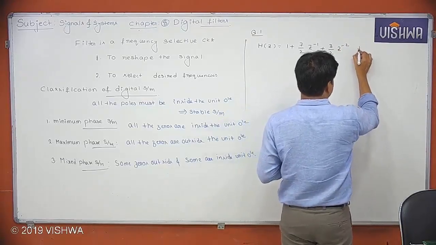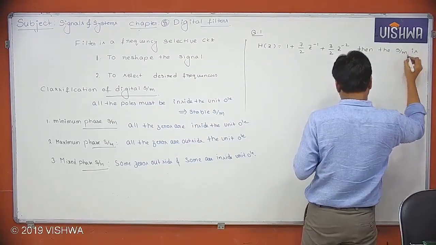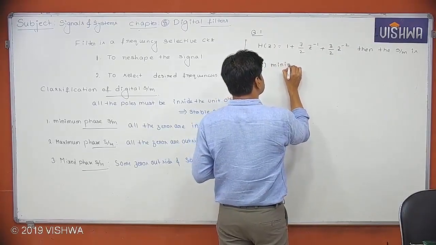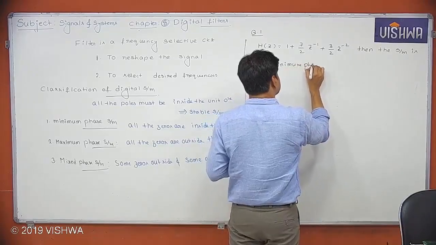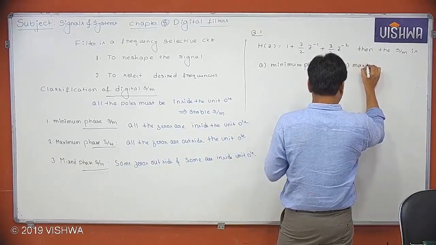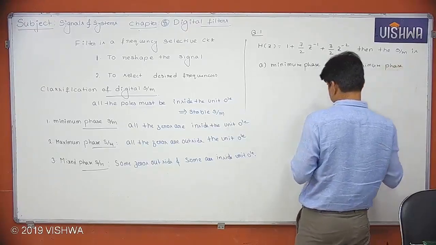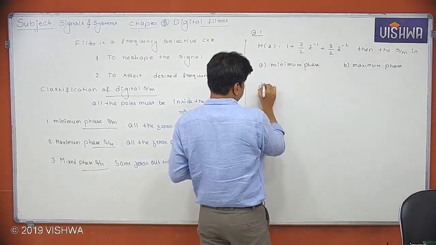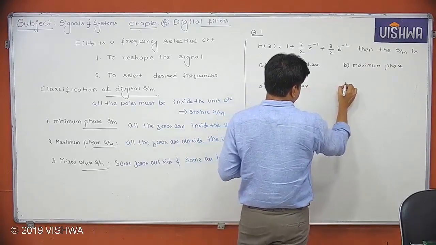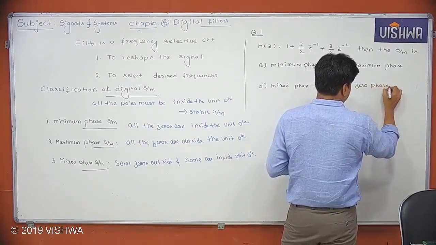Then the system is: option minimum phase, maximum phase, mixed phase, zero phase. Which kind of system is it?